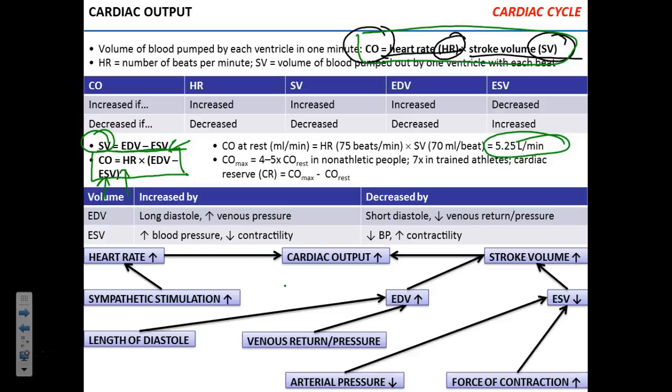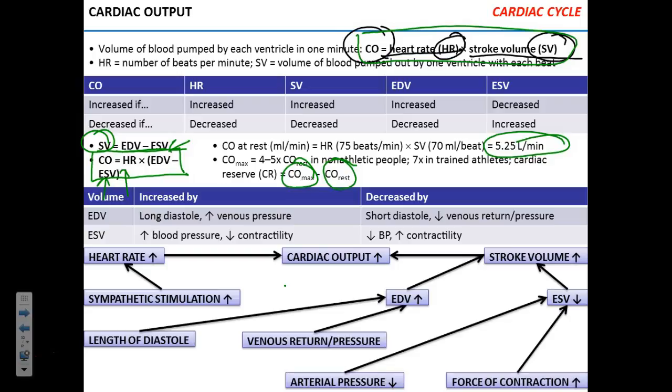Okay. When you start to exercise, cardiac output can increase, in athletes up to 7 times, which is a lot. So instead of 5 liters per minute, it's going to be 35 liters per minute. The difference between the maximum cardiac output and the resting cardiac output is called the cardiac reserve.